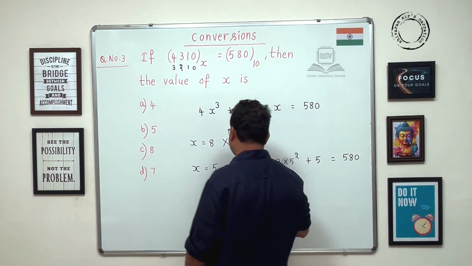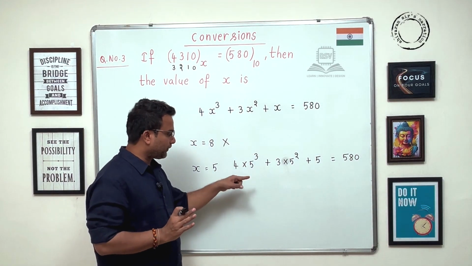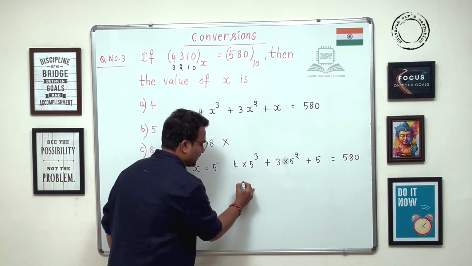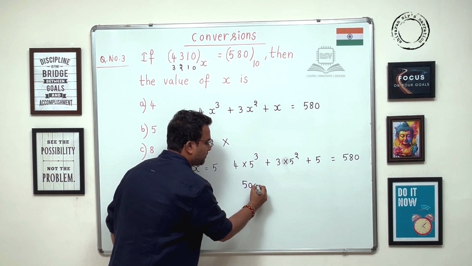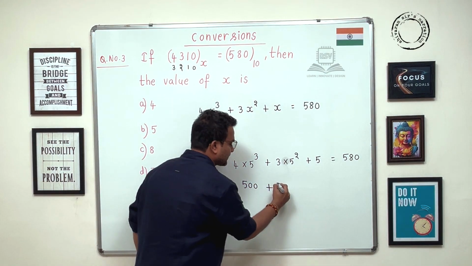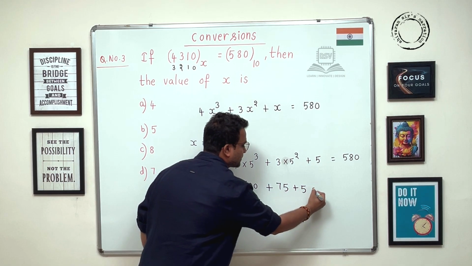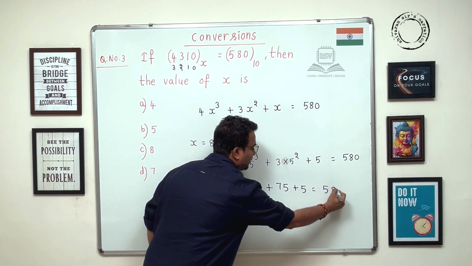Now you try here. 5 cube is 125. 125 into 4 is 500, plus 5 square is 25, 25 into 3 is 75, and plus 5 is equal to 580 only.